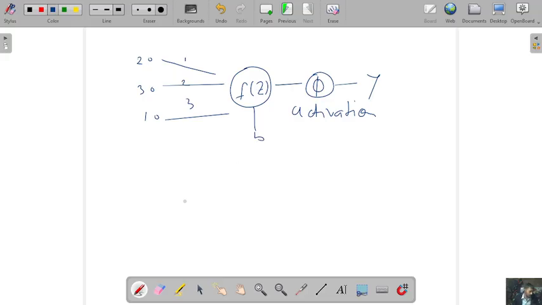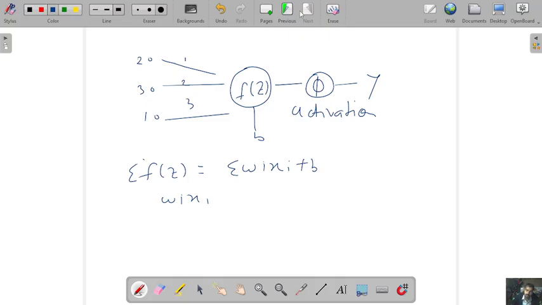Okay, now f of z equal to summation of wixi plus b, sorry.